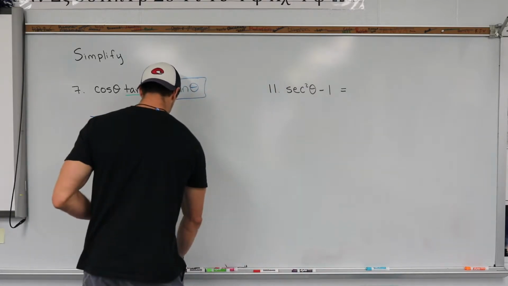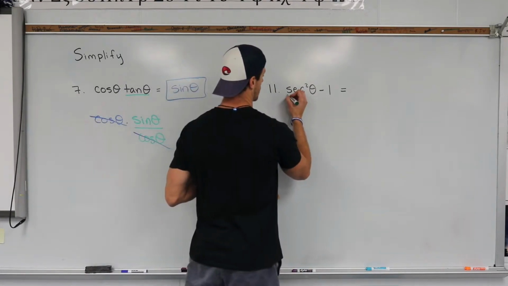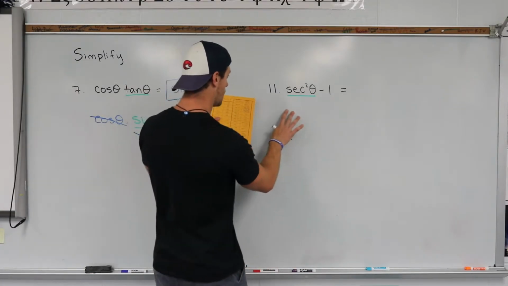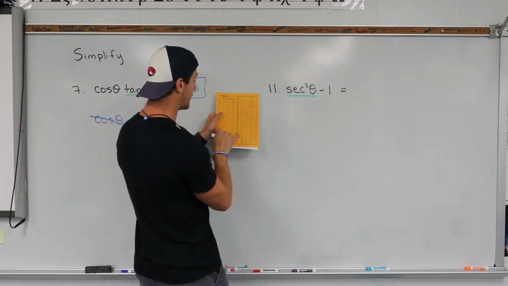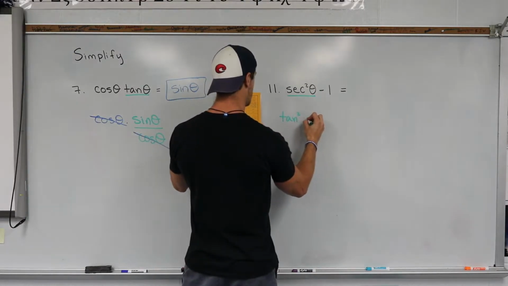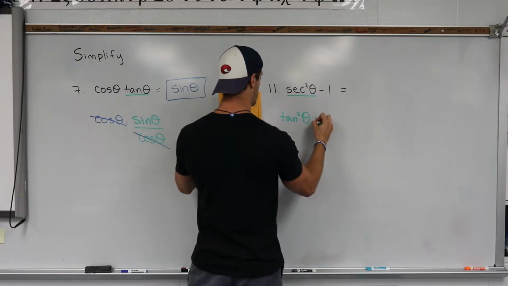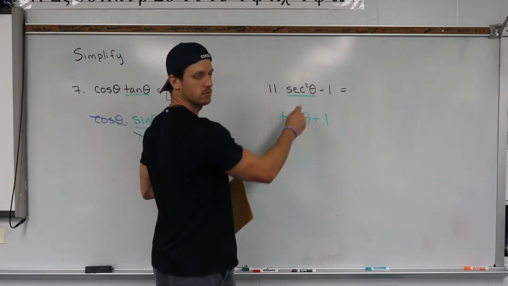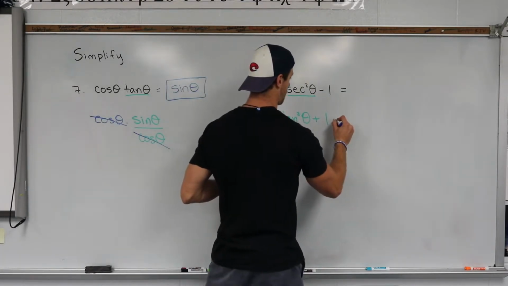So this guy right here, according to our identity sheet, is equal to tangent squared of theta plus 1. And don't forget the minus 1. I have to bring that back down.